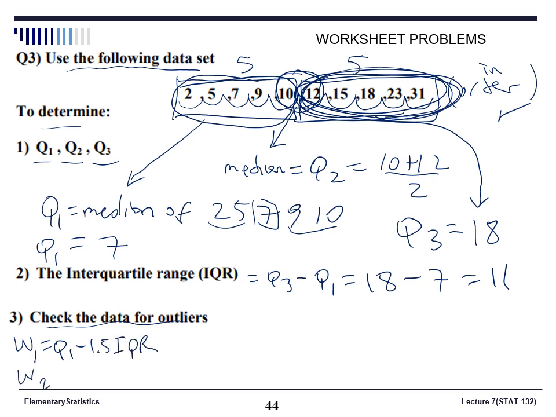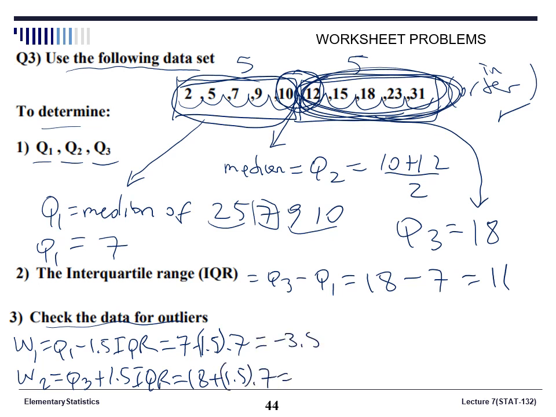And for the high outliers, you have to check Q3 plus 1.5 IQR. So Q1, 7 minus 1.5 times 7, and then here is 18 plus 1.5 times 7. So which are -3.5 and 28.5.